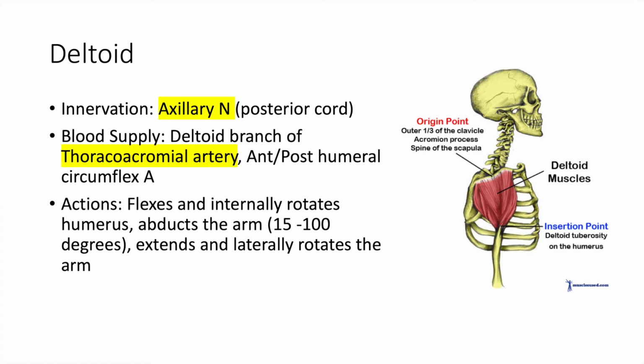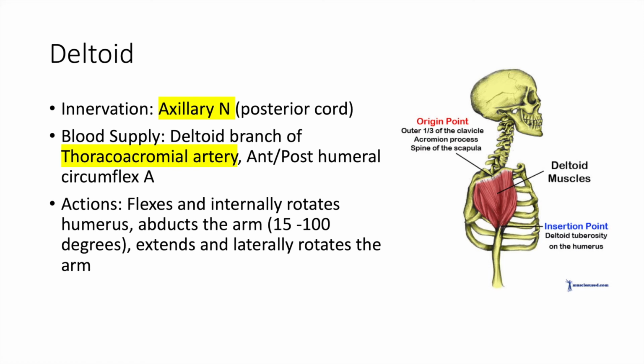So the blood supply is the deltoid branch of that thoracoacromial artery, as well as anterior and posterior humeral circumflex artery, but thoracoacromial is the most important. So the action is going to be flex and internally rotate the humerus. It's also going to extend and laterally rotate the arm as well, because it's got different heads.